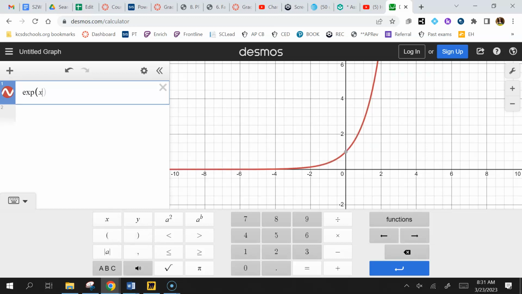It is. E to the negative. Oh, I see what you're saying. Since it's symmetrical, it'd have to go on either side. Okay.